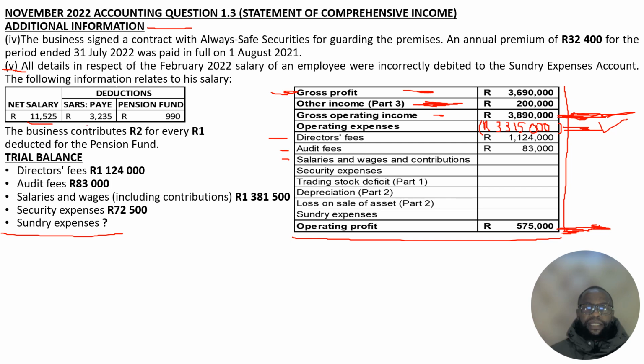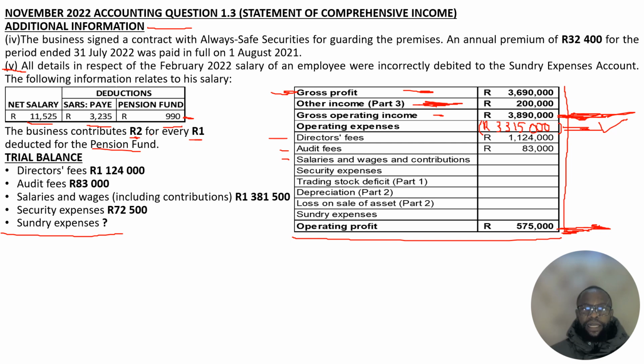PAYE, SARS, 3,235. Pension fund 990. The business contributes 2 rand for every 1 rand deducted on pension, meaning that for every 1 rand here on pension, the business will pay 2 rand.